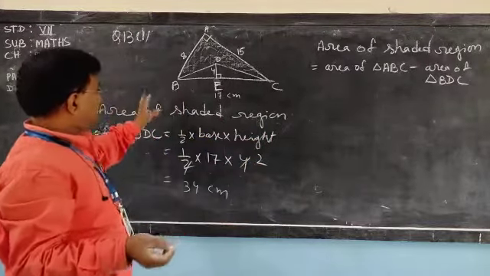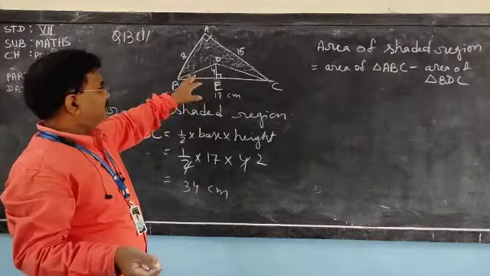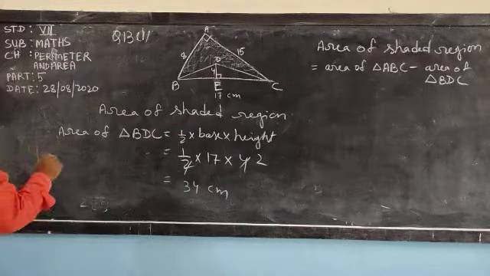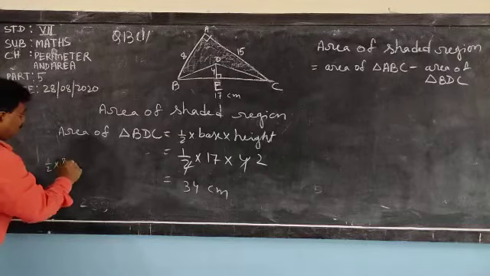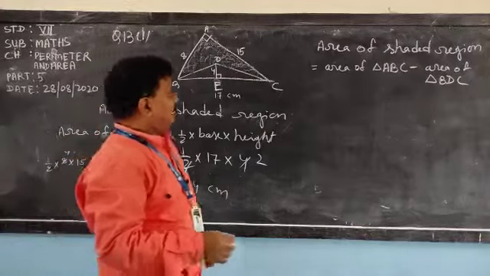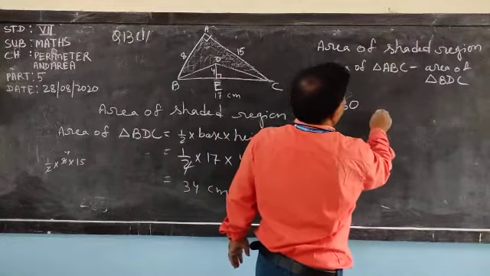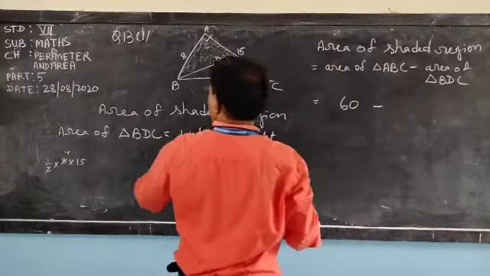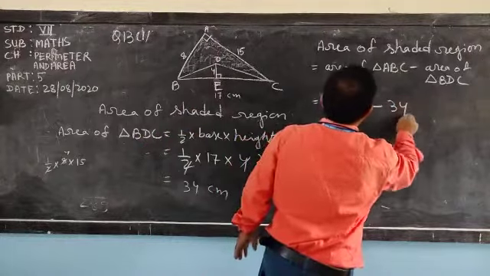You can remember what the area of triangle ABC is: half into base into height. Area of triangle ABC was 60 centimeter square, and area of triangle BDC is 34.